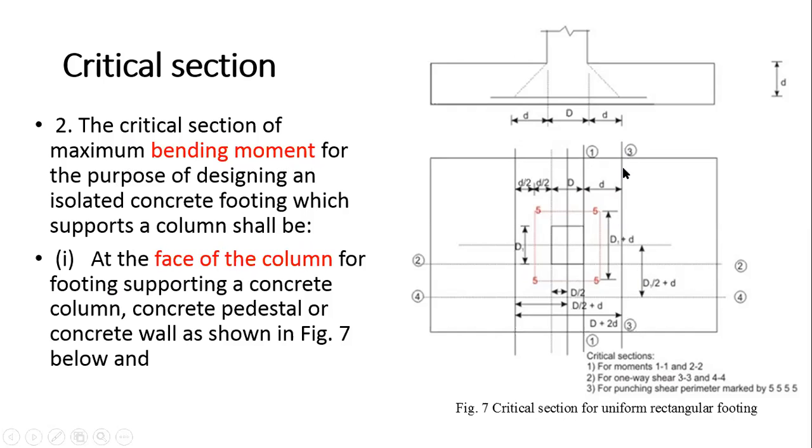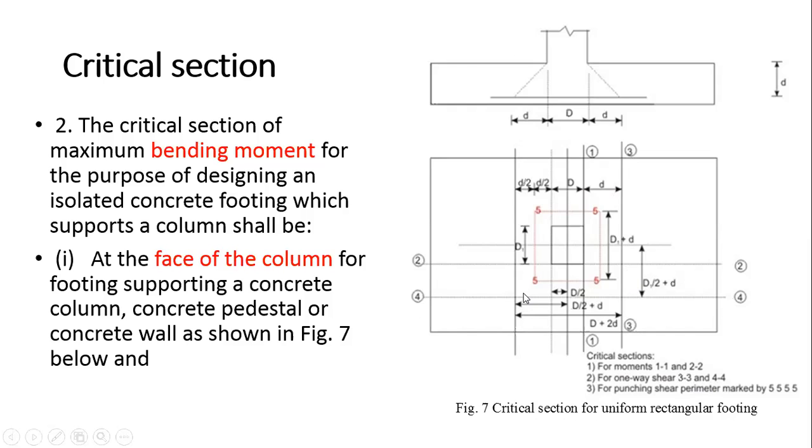Here this is section 3-3, which is nothing but your critical section for one-way shear, which is at a distance of small d from the face of the column. So this is for one-way shear. The sections are 3-3 and 4-4. So this is my 3-3 here, and this is my 4-4. Again, this is at a distance of d for one-way shear.